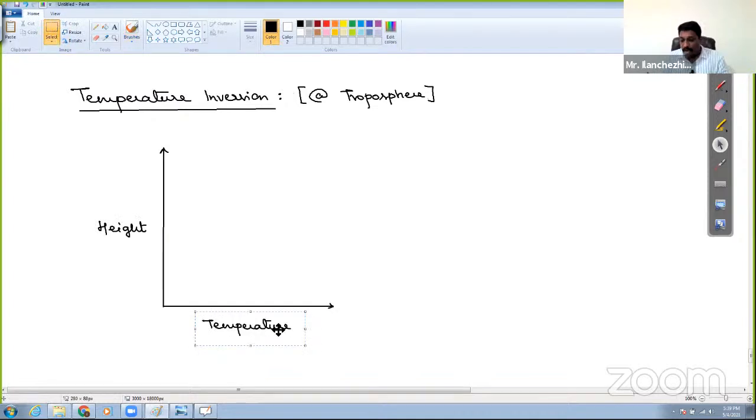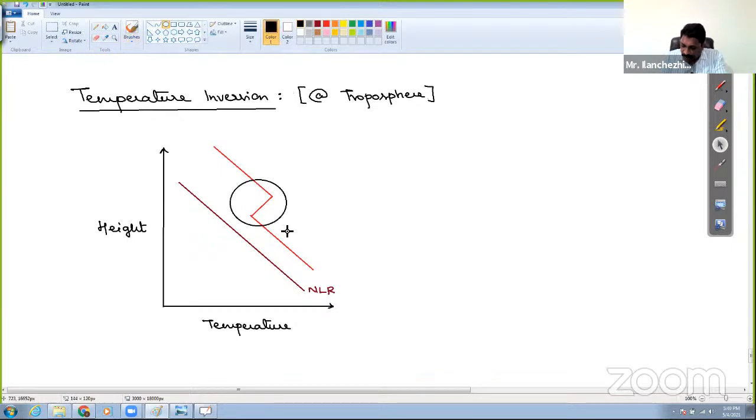Now what happens, if you're there in the troposphere, with increasing height, temperature normally decreases. You increase the height, temperature decreases. This is what you call the normal lapse rate. But under certain circumstances, not everywhere, my friend, with increasing height, the temperature also increases.